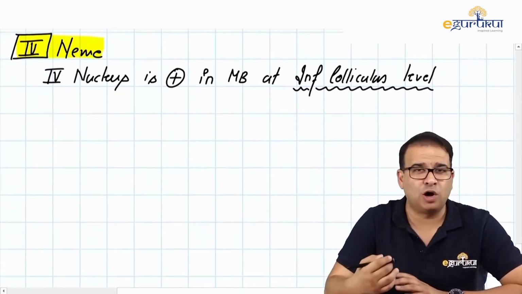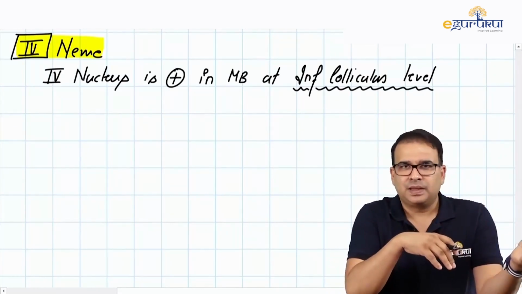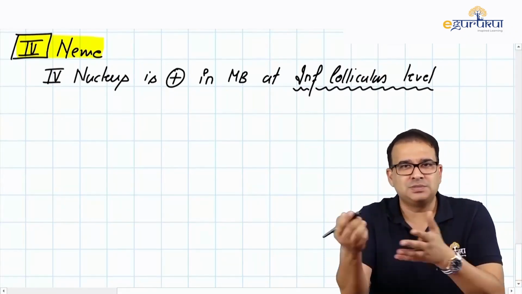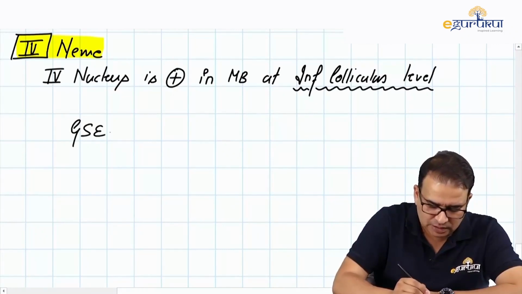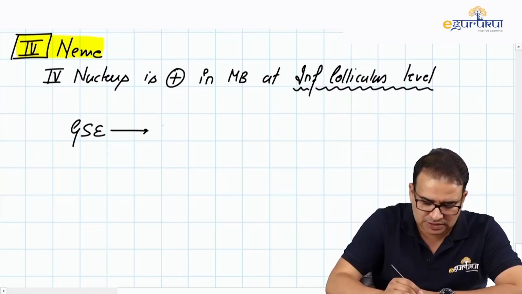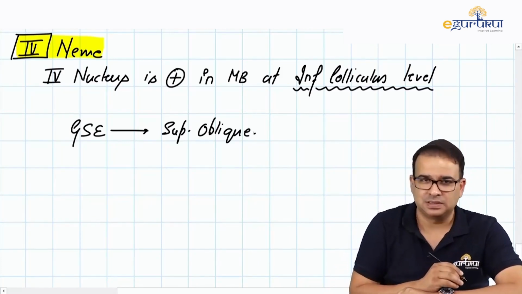Once again, if I talk about the columns, think about it. The fourth nerve is supplying a muscle that is superior oblique. Extraocular muscle comes under GSE. So one column has to be GSE once again. Why GSE? Because it is supplying superior oblique, which is an extraocular muscle, which comes under somatic muscles.